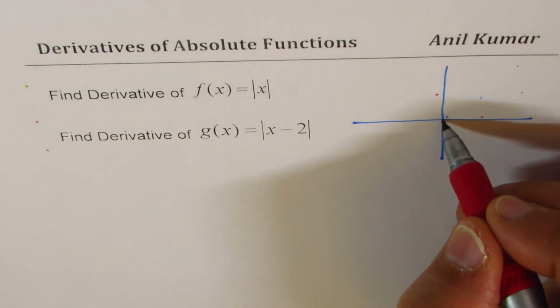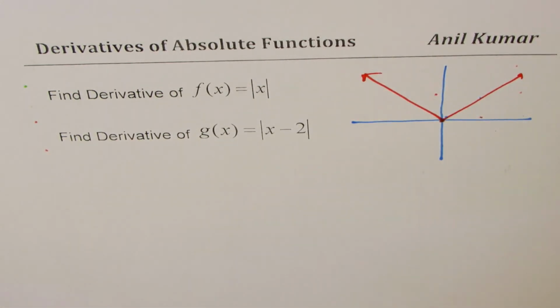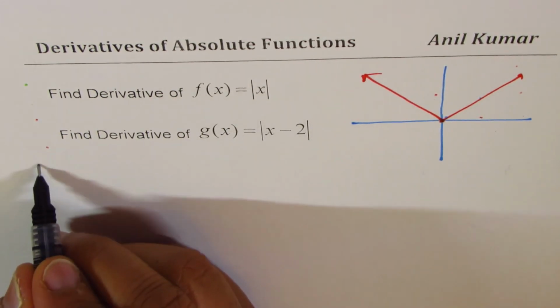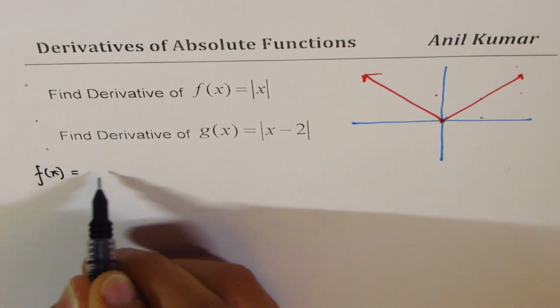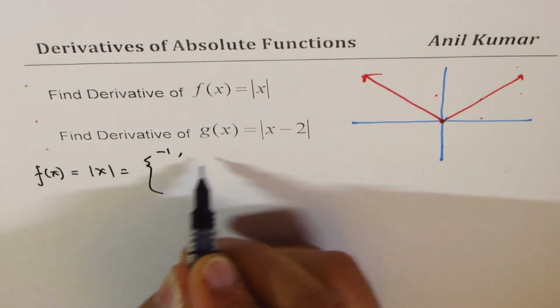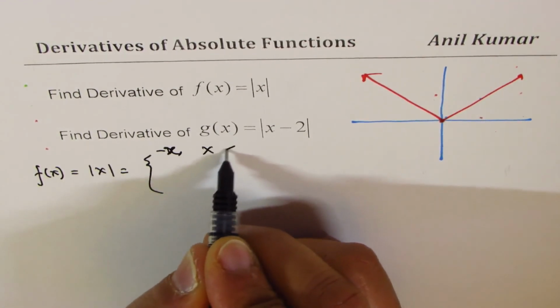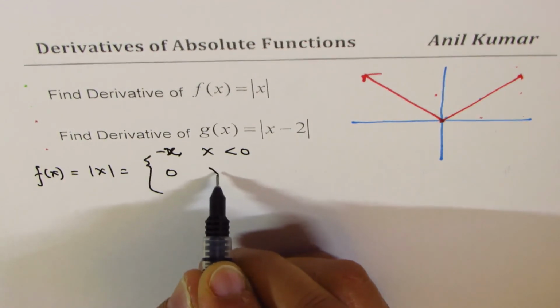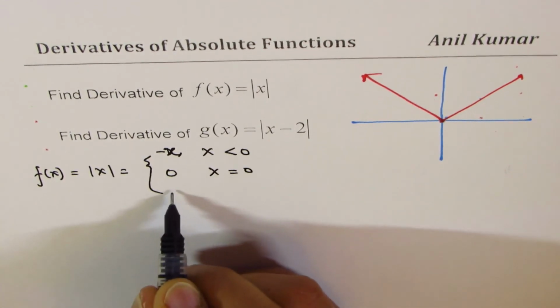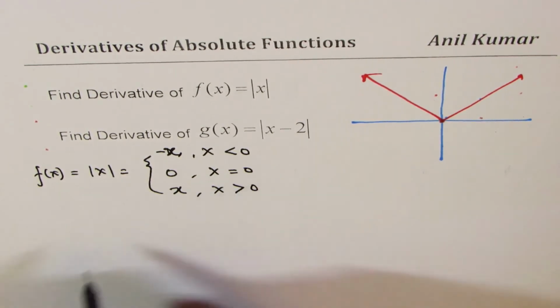First, you saw that absolute function could be represented as a piecewise function, right? So if I'm saying that f of x equals absolute x, which is equal to, let's say, minus x when x is less than 0, equals 0 for x equals 0, and plus x when x is greater than 0.